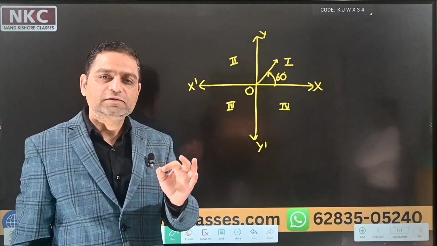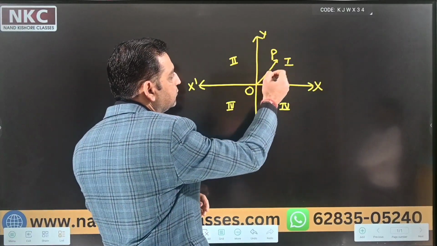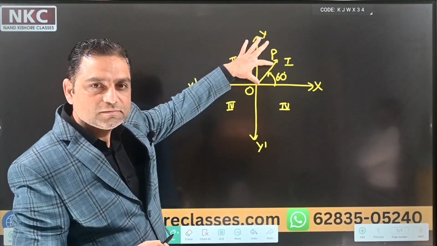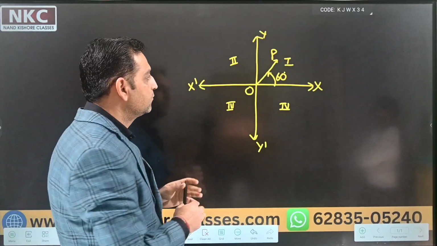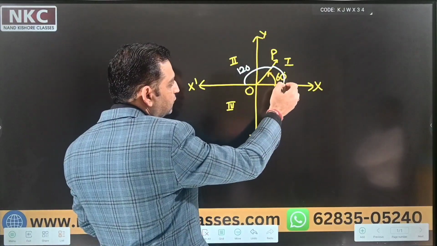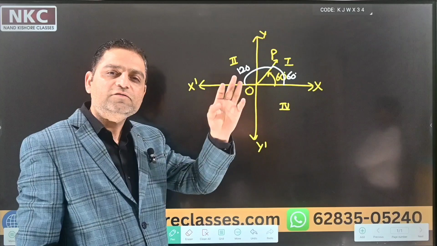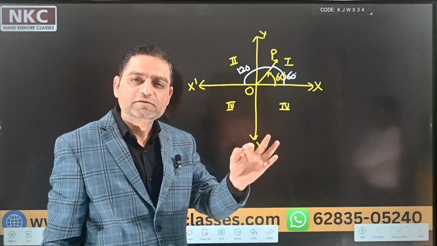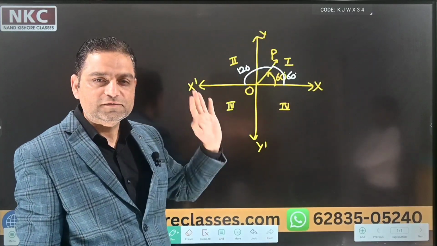Now reference angle: firstly we draw the angle. Let's suppose this OP is my side which is making 60 degree angle. Now this OP makes an angle along with the x-axis from two sides. One is from this side, 120, one is from this side which is 60, right? Whichever is smaller, that is going to be your reference angle. Just remember this point. Reference angle is the smaller angle made with the x-axis.